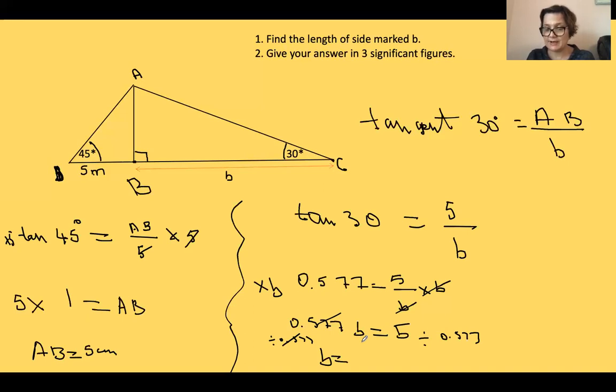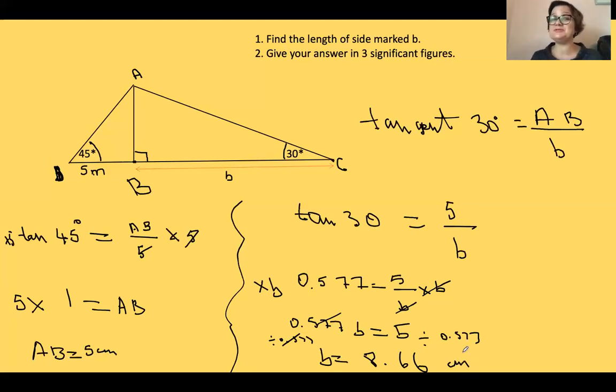We have 5 divided by 0.577. The answer is going to be 8.66. And this is correct to 3 significant figures, 8.66 centimeters, just like that.